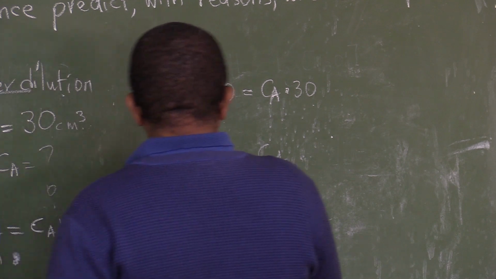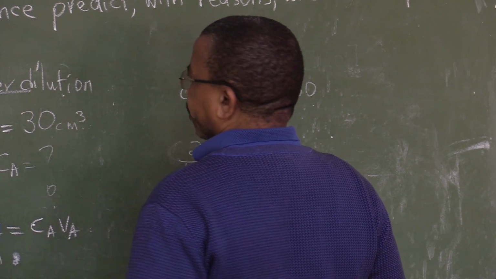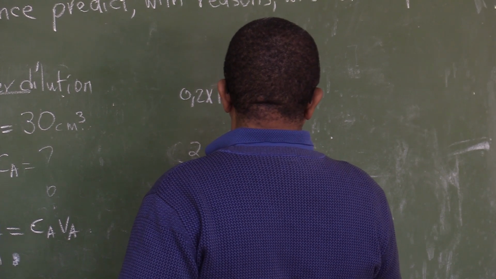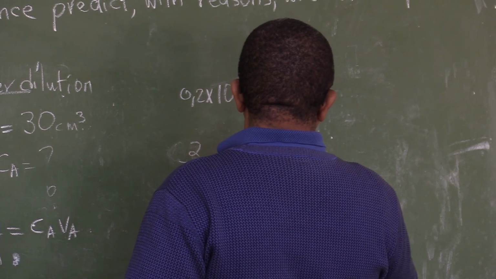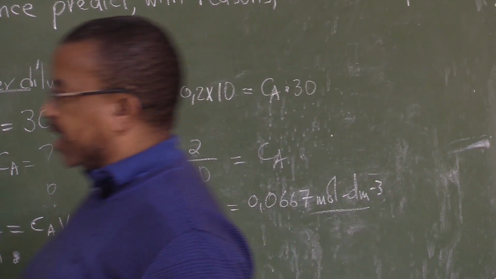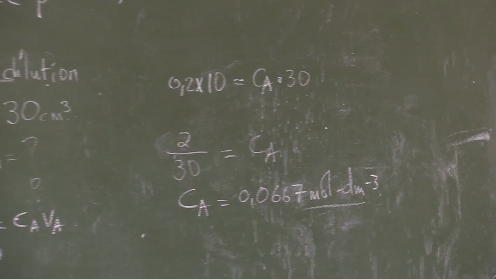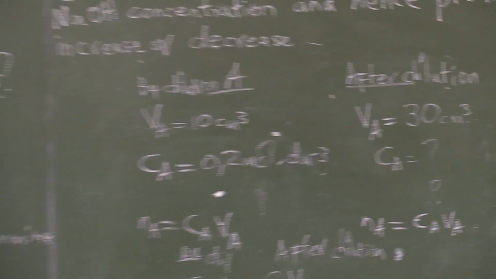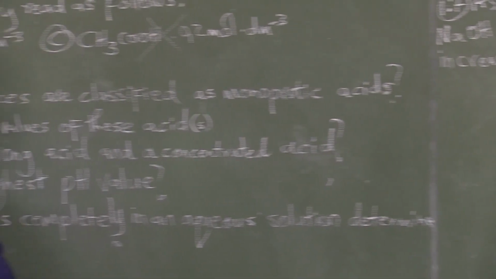The concentration of solution A is 0,0667 mole per cubic decimeter. The concentration has decreased from 0,2 to 0,0667 mole per cubic decimeter.